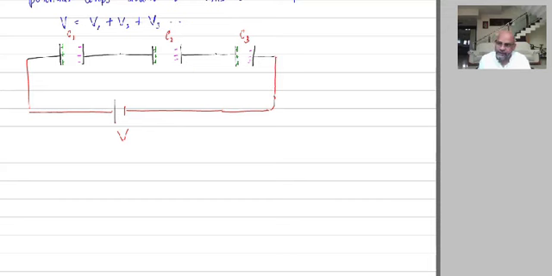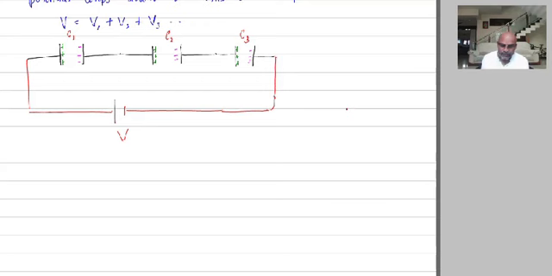And on the second capacitor of capacitance C2, left plate plus Q, right plate minus Q, and on the third capacitor, left plate plus Q, right plate minus Q, which means the charge on each plate of all the capacitors is same. The magnitude of charge on each plate of all the capacitors is same. There is no other go, because the same charge should flow, because they are connected in series.